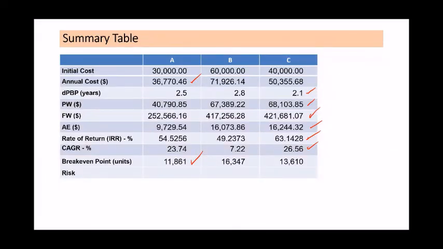Unlike if you need to produce more in order to break even. So it is better to break even at a lower level than at a higher one. That's why we select the lowest. And of course, we need to include the risk. I think you need to compute 2.5 out of 10, and then 2.8 out of 10, and then 2.1 out of 10. Okay, they are almost the same when it comes to risk.